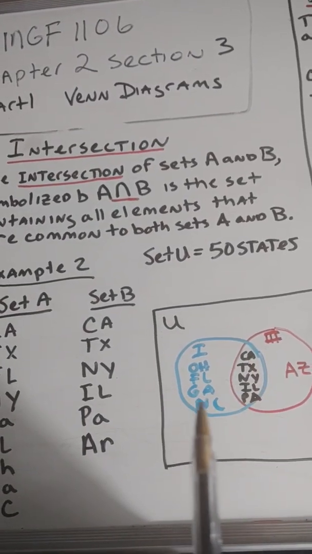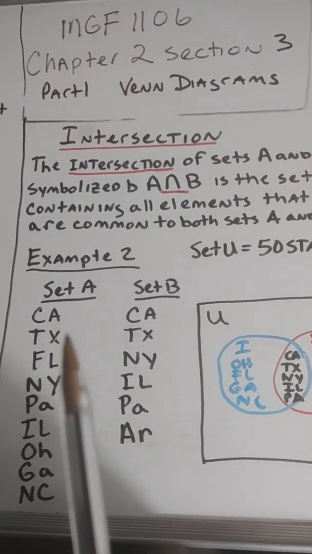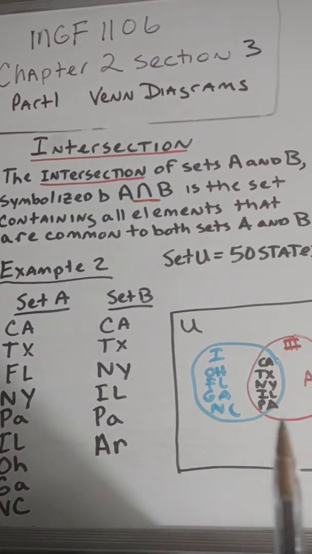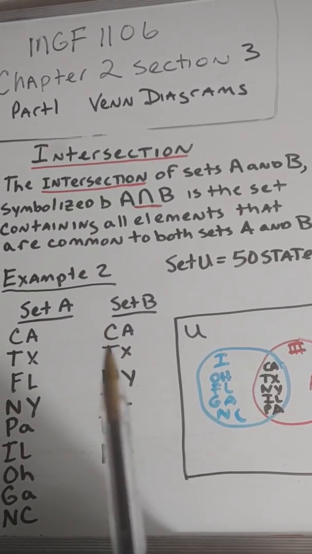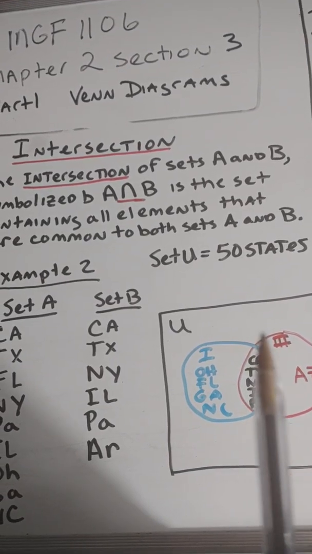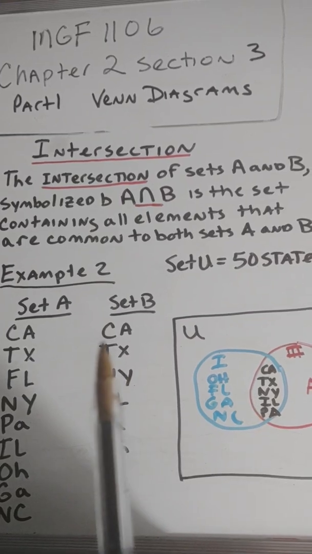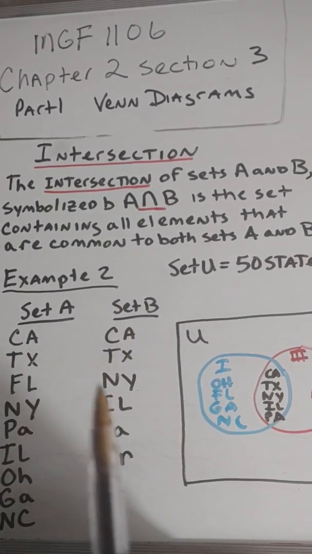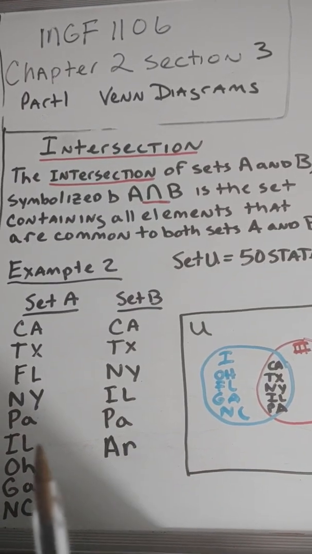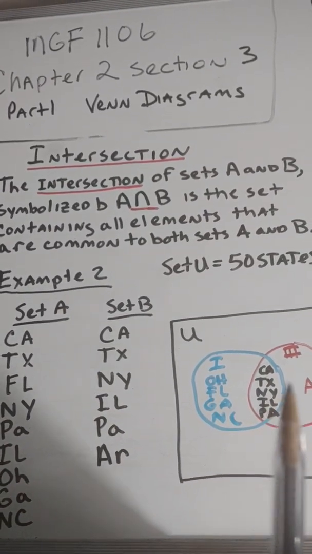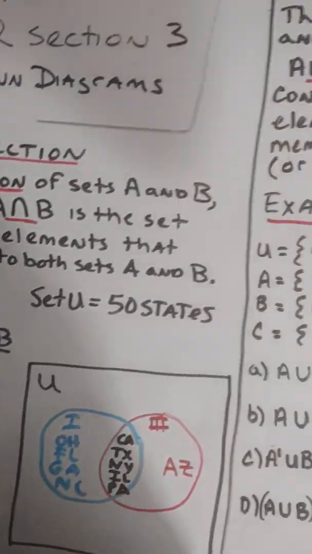Notice that the blue circle contains all of these states. Notice the red circle contains all of these states. So this intersection is where set A and set B have common elements. California, Texas, New York, Illinois, Pennsylvania. That's what's in here.